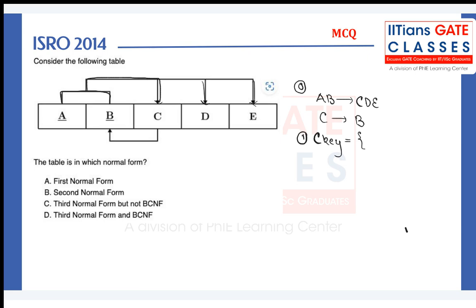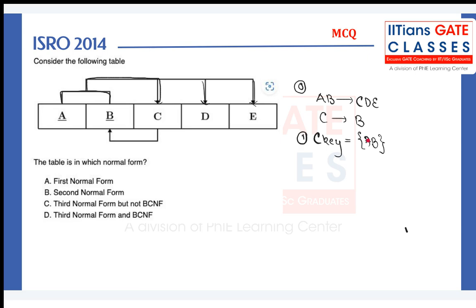AB is a candidate key of the relation. Is there any other candidate key? No. If you see, there won't be any other candidate key.